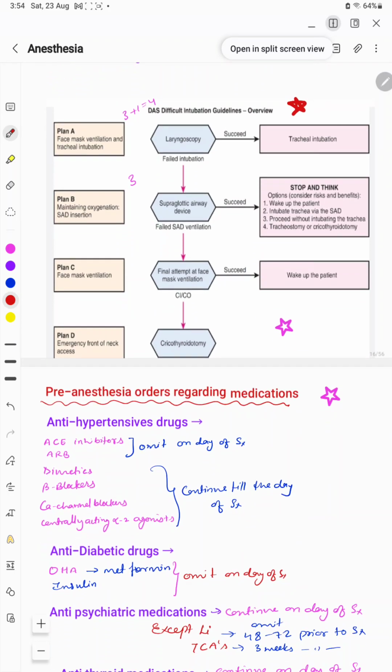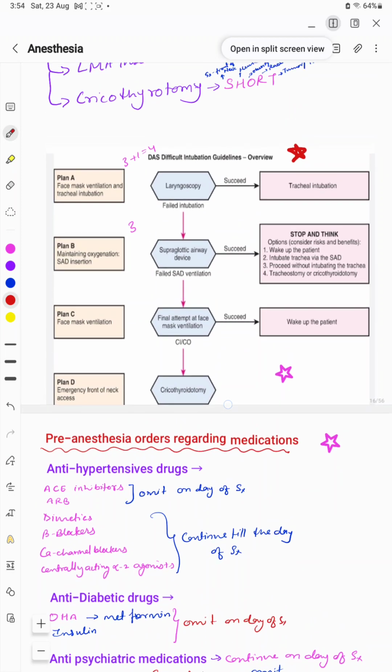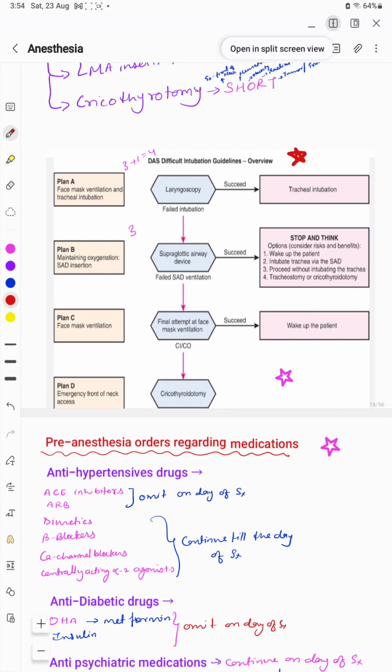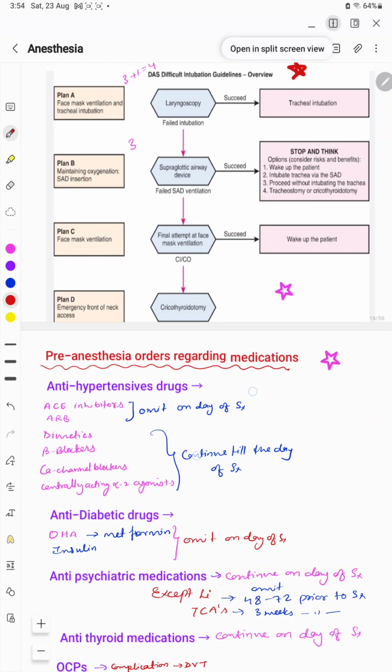And final is the cricothyroidotomy. Finally, when the person will not wake up and you fail, you need to cut the cricothyroid membrane. You need to mark and cut, and you need to do it fast. Cricothyroidotomy is to save the life of the patient.